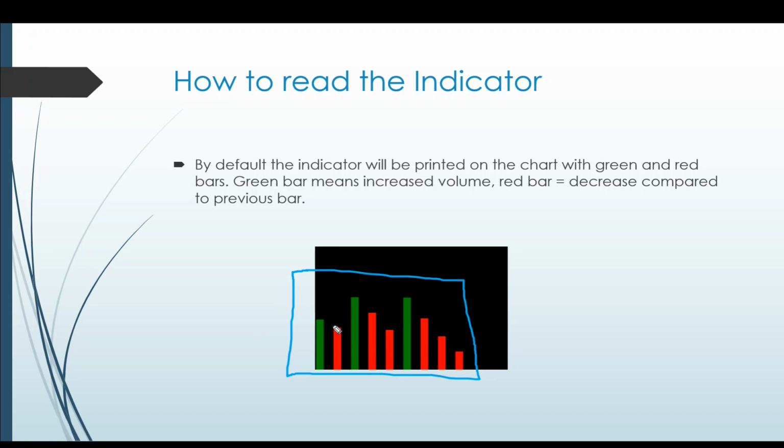The bars are represented again by default colors with red and green colors. Green would mean the preceding bar was less than this one and the volume here is increasing. Red would mean the preceding bar had more price changes or bigger volume and that's why it's decreasing. Simple as that.